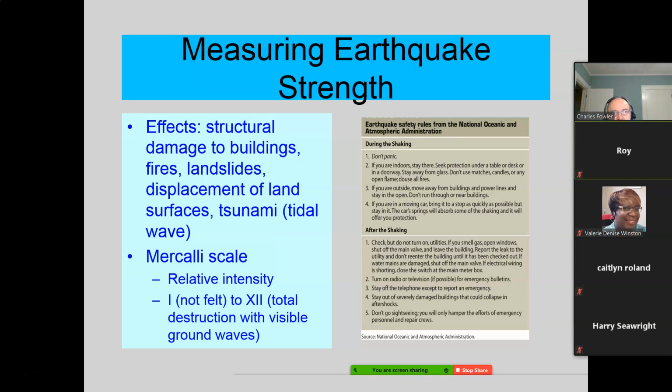Now I'll give you an example of why that's the case. It's not a great example. It has nothing to do with the earthquake. But when I was a sophomore in college, the summer between my sophomore and junior years, I was in Navy ROTC, that's Reserve Officer Training Corps.